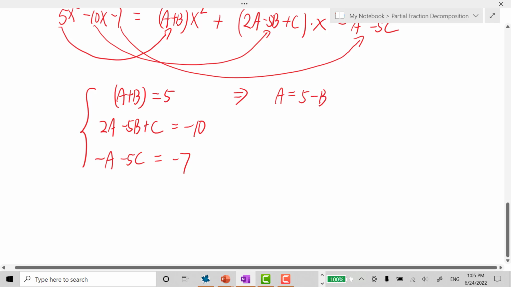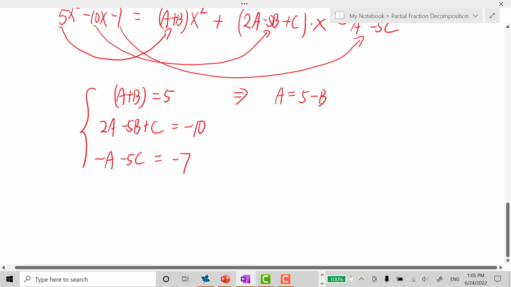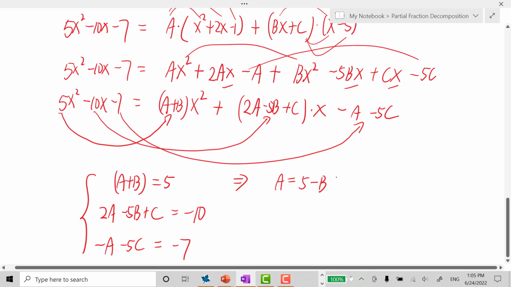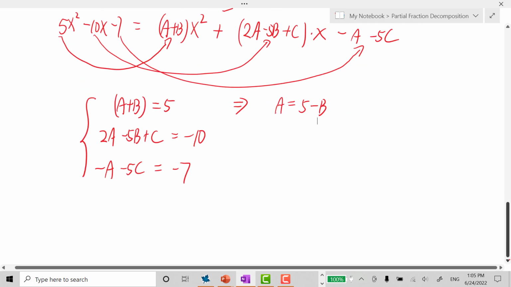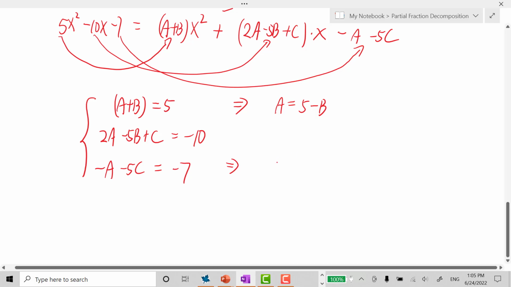All right, and then for the last equation, get a by itself as well. So you get negative a equal to minus 7 adding 5c. So a is equal to 7 minus 5c.